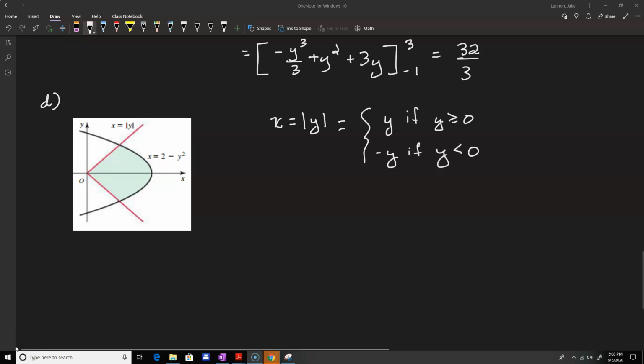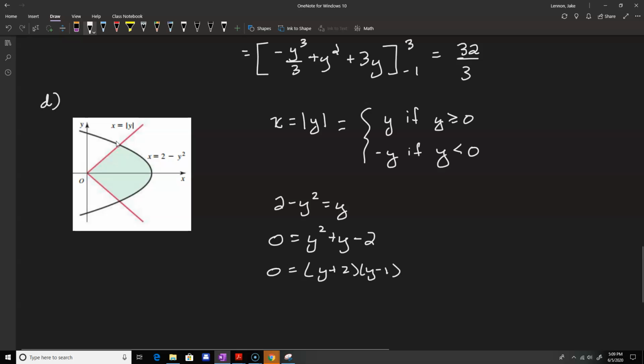So then we want to find those points of intersection. Again, that's not too bad. So we have 2 minus y squared equals y. That can be rewritten as 0 equals y squared plus y minus 2. So we know this factors into y plus 2 times y minus 1.